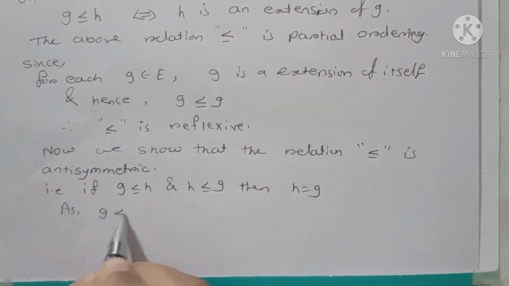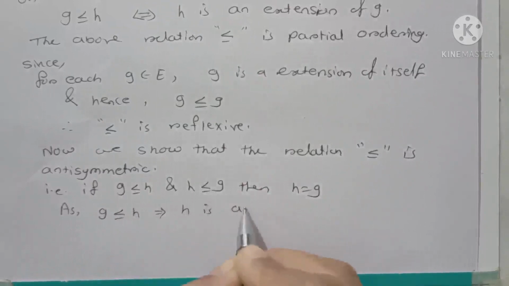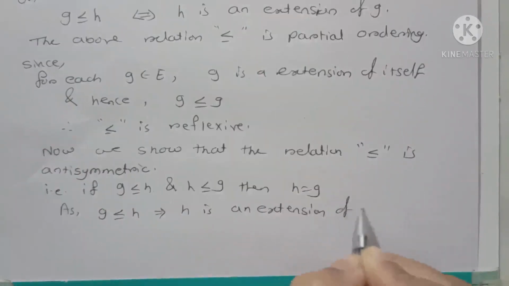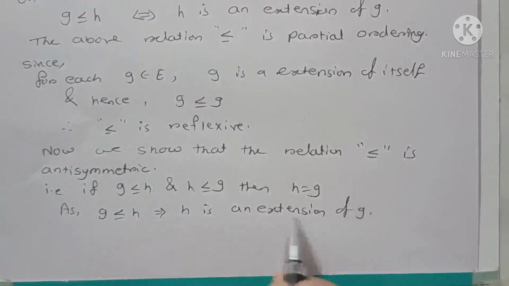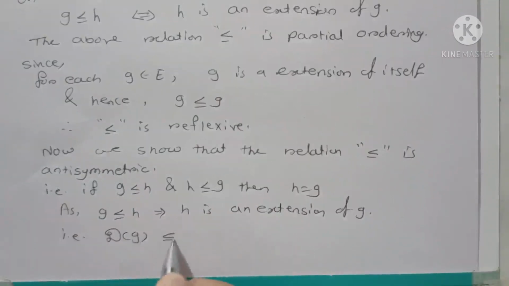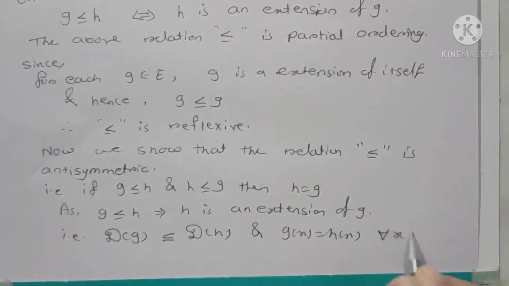As g less than or equal to h implies that small h is an extension of g, that means the domain of g is contained in the domain of h, and g of x equals h of x for all x belonging to the domain of g.